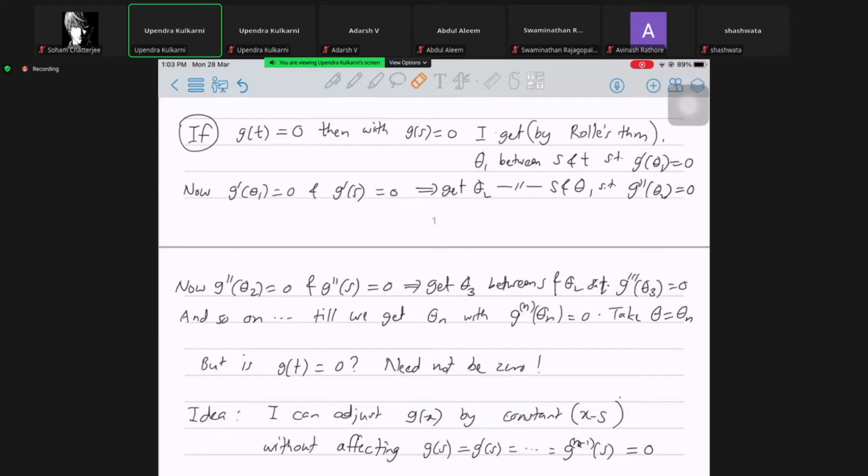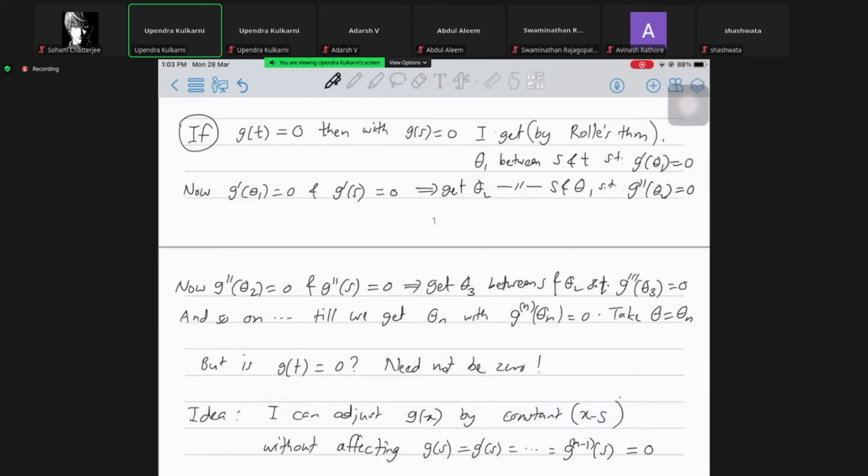You see, why will it not work if I just add something times x? The point is, if I take the first derivative, it is going to just pick up the constant, and there is no way for me to cancel that constant because plugging in s is not going to do anything. Similarly, if I add an x minus s the whole square term, it will work very well with the first derivative and certainly from the third derivative onwards, but it will not work well with the second derivative, right?